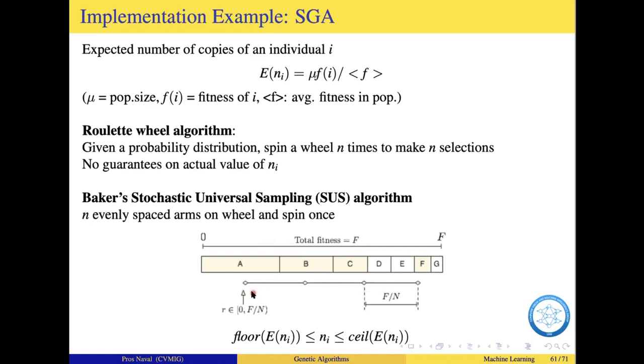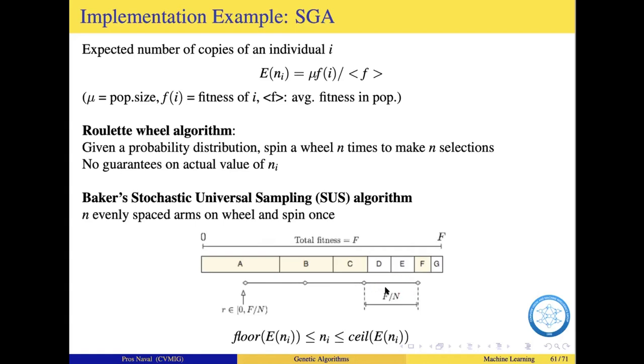So here you have 3. So the idea here is you're giving the low fitness individuals an opportunity to be chosen for the next generation.